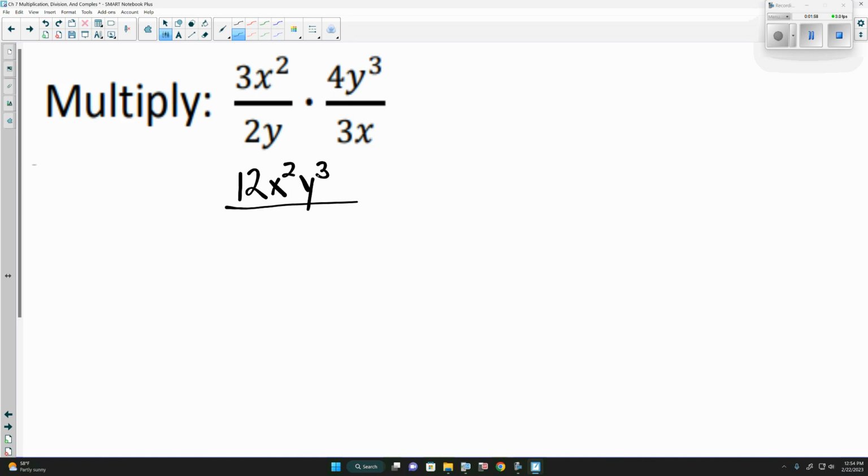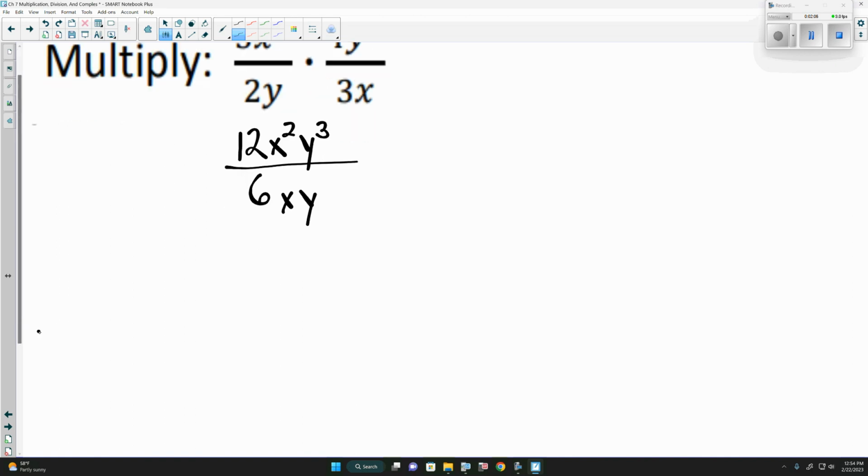We can multiply the denominators. 2 times 3 is 6, xy. Now at this point here, we can simplify because 12 over 6 is going to reduce to 2 over 1. Now we do need to reduce the x over x squared.